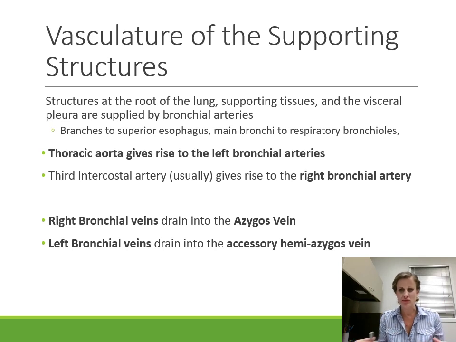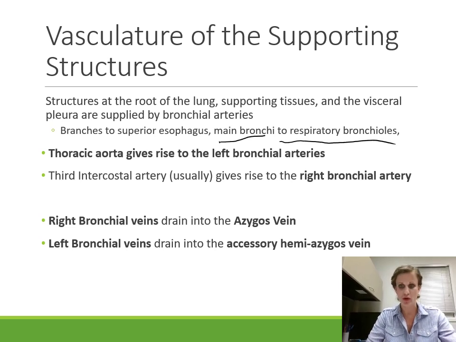All of these accessory structures have separate blood flow. Even there are branches that go to the superior esophagus, and then the whole bronchial tree from the main bronchi all the way down to the respiratory bronchioles.